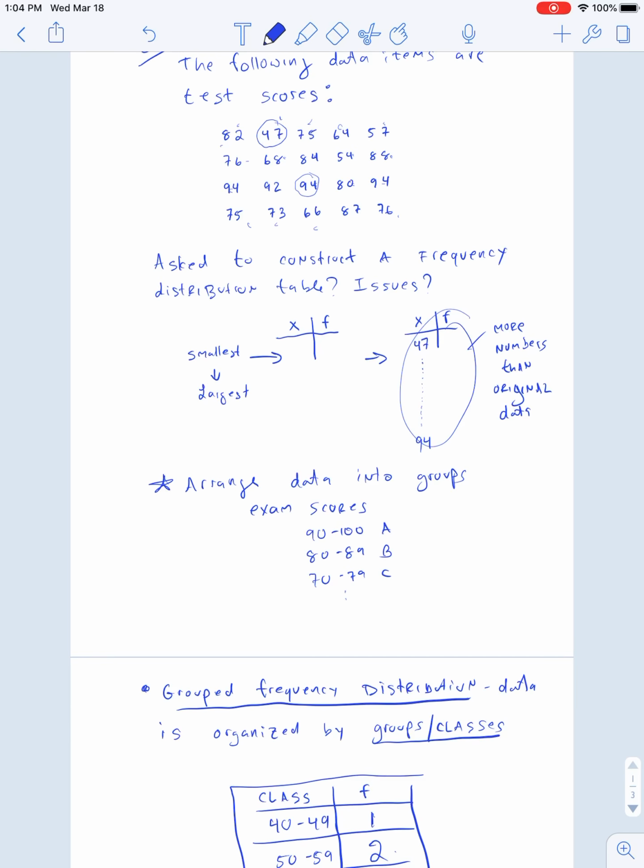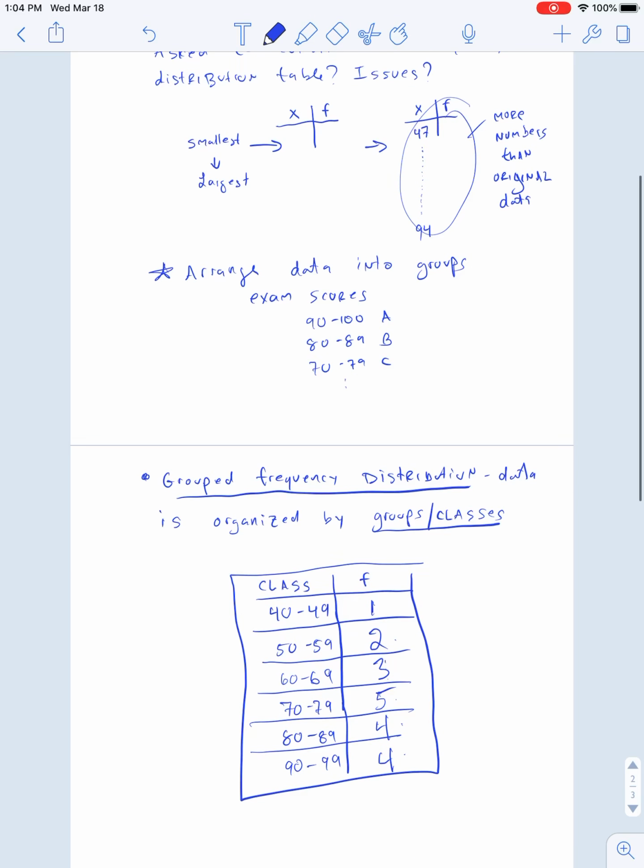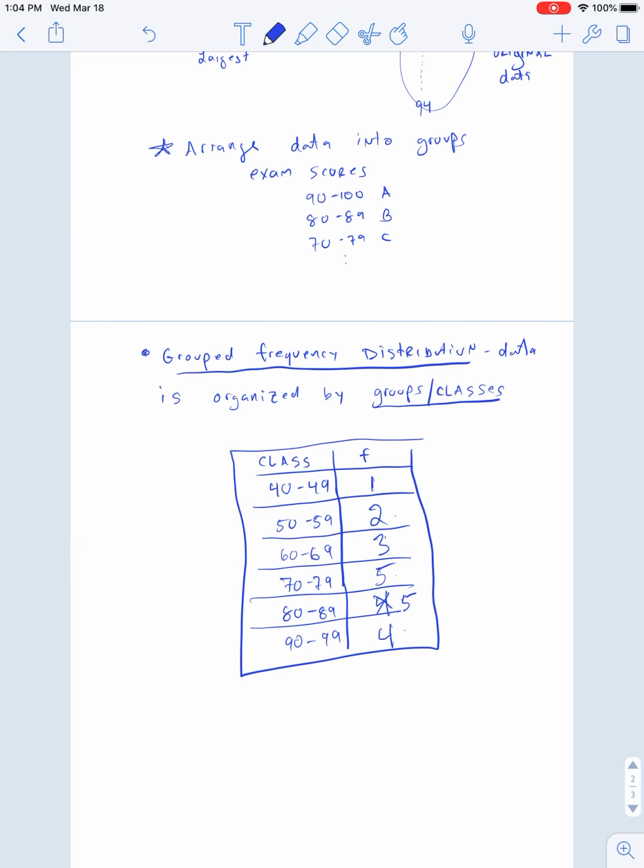Yes. This 80 should be 5 times. So we get 25 as our N. This would be an example of a grouped frequency distribution.